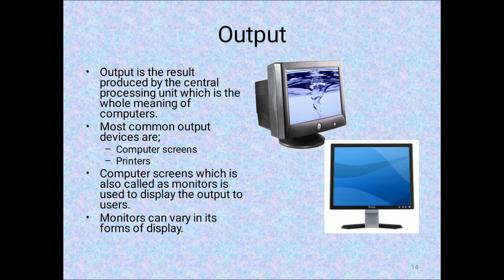And next, another one is the LCD, liquid crystal display. Inside that monitor there are liquid crystals, which can reflect and scatter the light, and that works for seeing output on the screen.